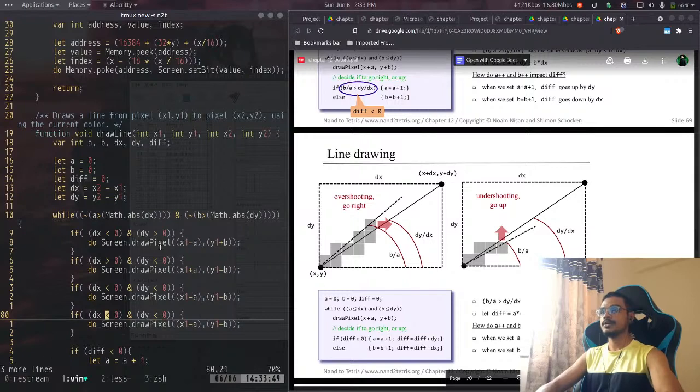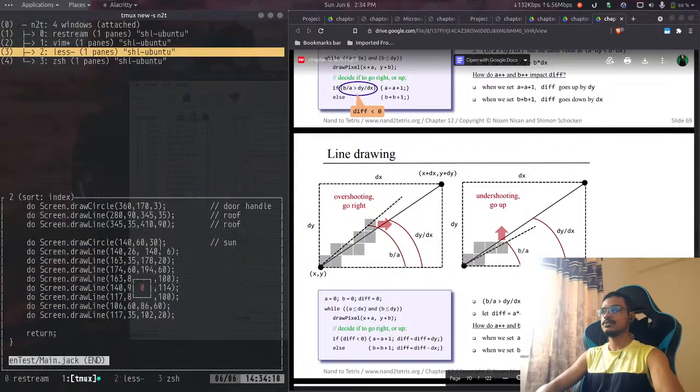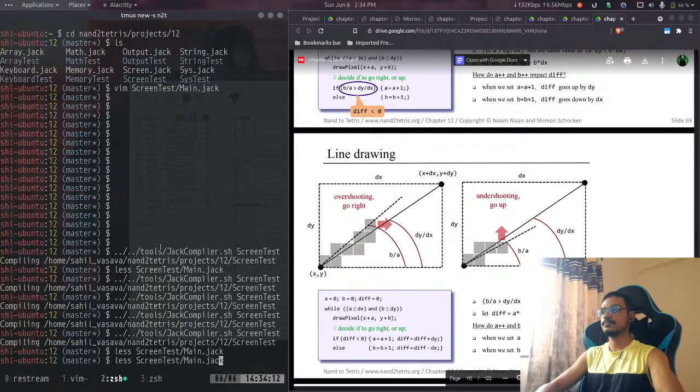If dx is greater than 0 and dy, oops, in this case do addition. Alright, let's see what happens in this case.